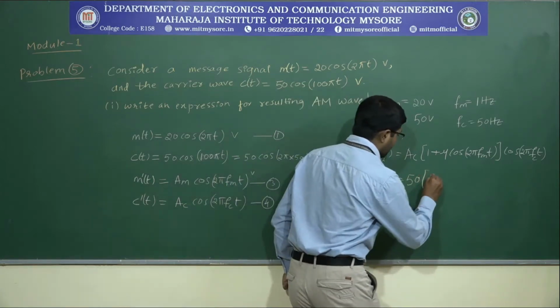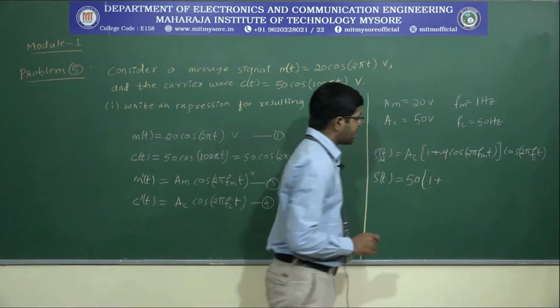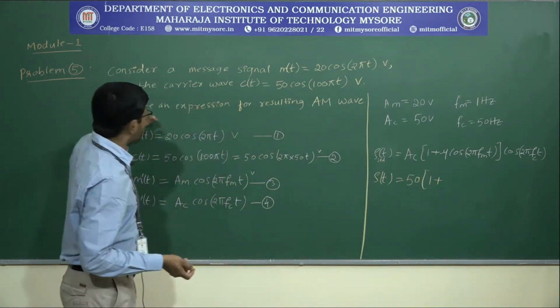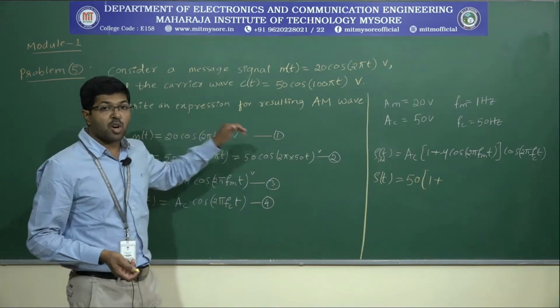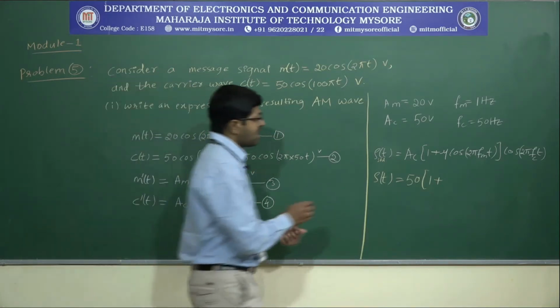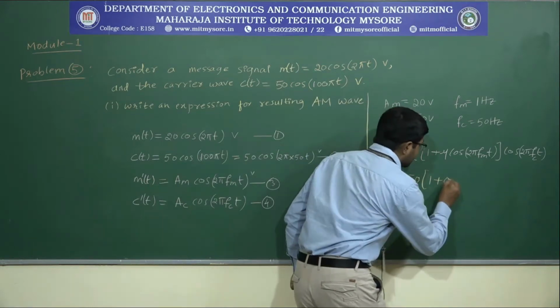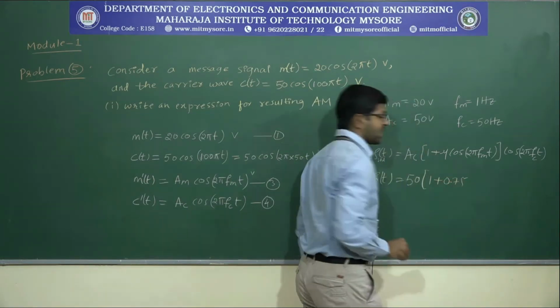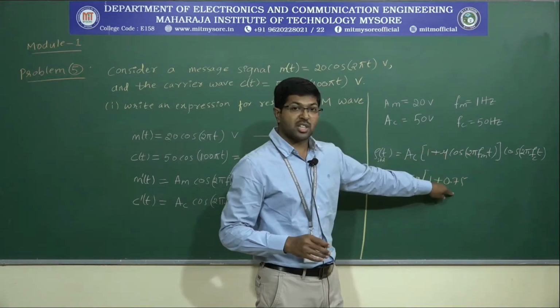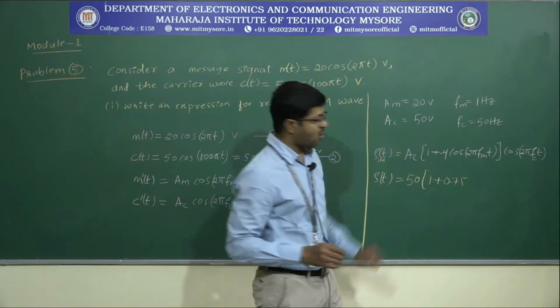This is standard. From this we can write 50 times 1 plus mu. What is mu? Mu is given in the third section of the problem. It is mentioned that the modulation index will be 75%. That's why mu will be 0.75. In percentage it is 75%, but mu will be 0.75. It is always less than 1.